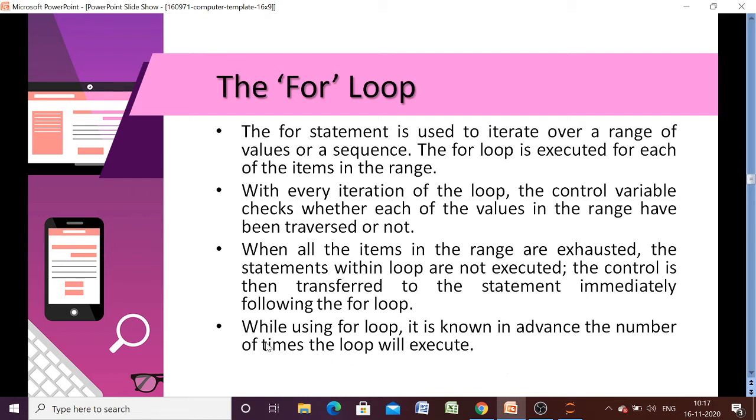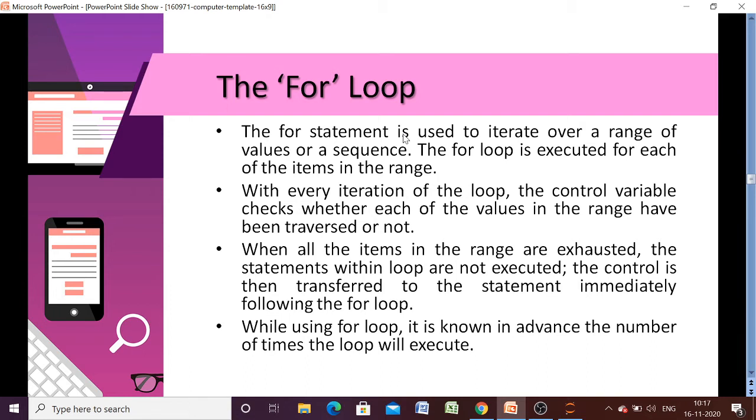Here you can see the last point: it is known in advance the number of times the loop will execute. The for statement is used to iterate over a range of values or a sequence. How many times the loop is going to execute is specified by the range of values we have specified.